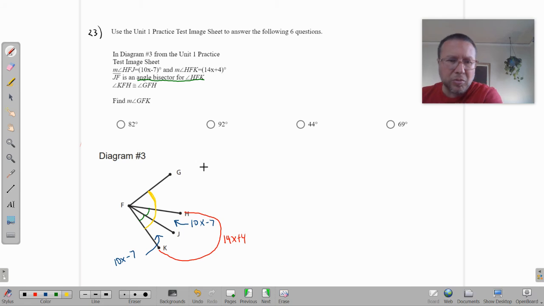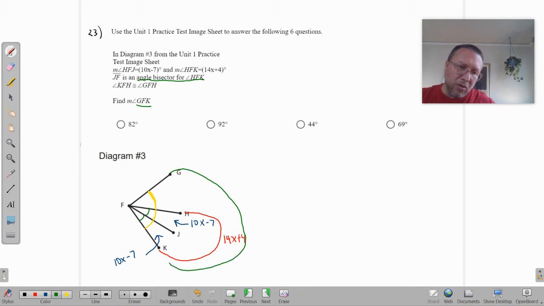Meaning that if I know what this one is, then I could just add the two together and that gives me the whole angle. Because what we're looking for in the end is, it says, find the measure of GFK. So in the end, the final answer is we want to know what this whole thing is, right? So we want to know what that whole angle is.